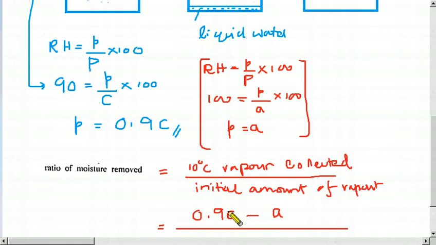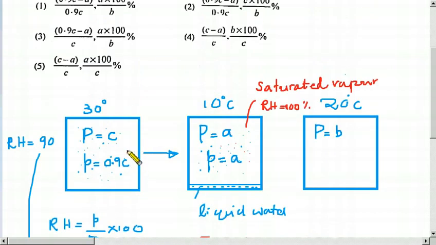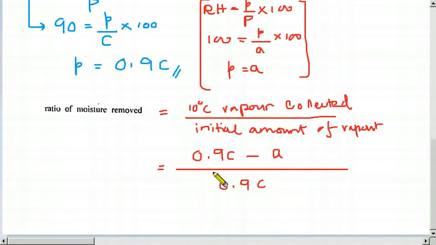So this one is the initial vapor pressure which was at 30 centigrade, that was in the room. So if we subtract, what we get is the vapor pressure removed, it is the numerator. The denominator is the initial amount of vapor, 0.9 times C. So this is the first answer.